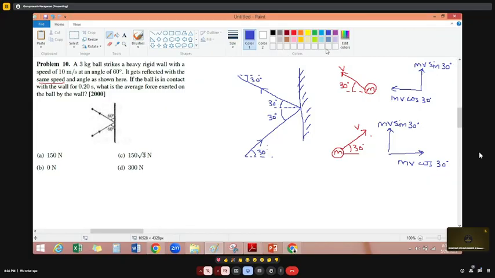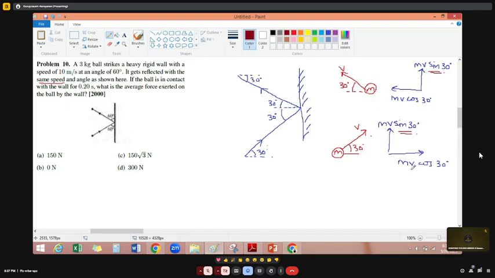Now, very important, very often used concept, so listen carefully. If you miss this, everything will go wrong. So far, I'm assuming you are following everything. I'm resolving this this way, and this this way. If you carefully observe, the y-axis velocity remains the same, so the change in momentum in the y-axis will be 0.